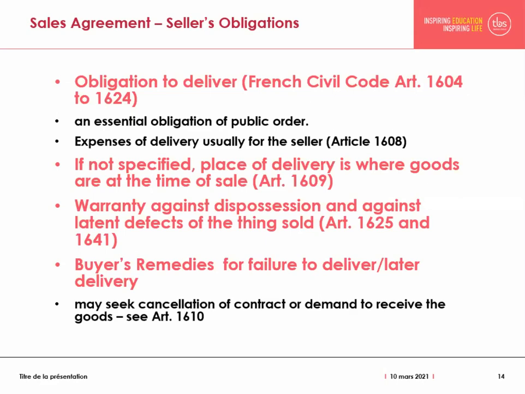Ambiguity, where it's not clear whose responsibility something is. Let's say it's not clear when the risk of loss passes. Well, then, if it's unclear in the contract, it will be the burden of the seller, this risk of loss. That's probably not a good example.